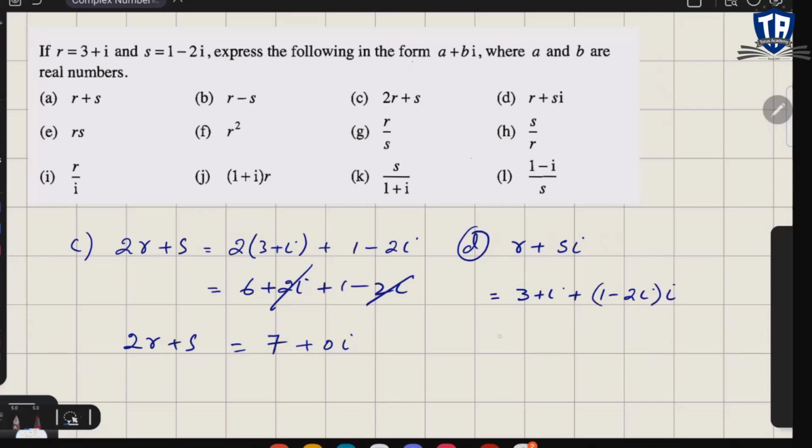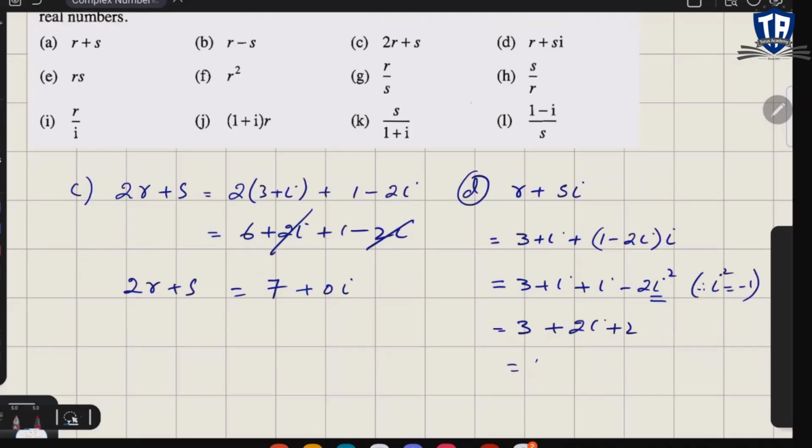In the next step, plus iota minus 2 iota square, and iota square is equal to minus 1. So I'm going to change this iota square to minus 1, and I'll write 3 plus 2 iota. Iota square is minus 1, so it is plus 2. So the real part will be added with the real part. So the final answer is this one.